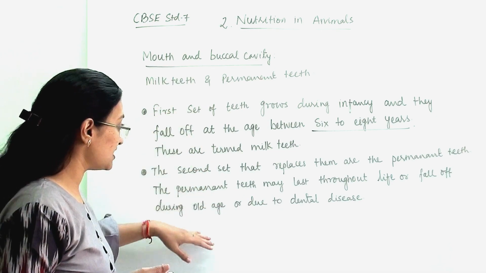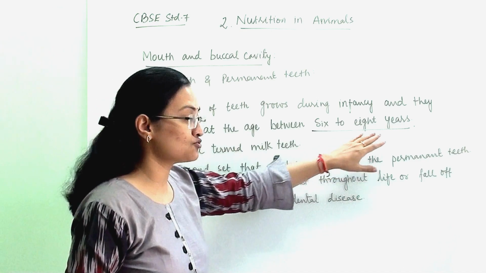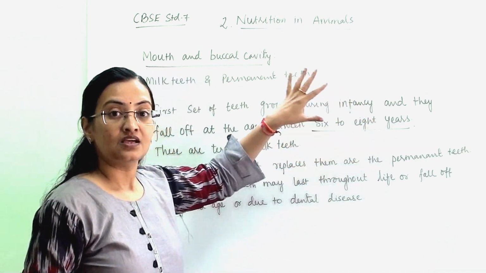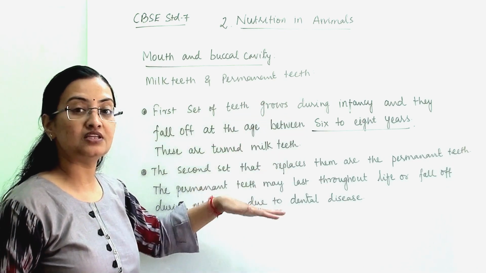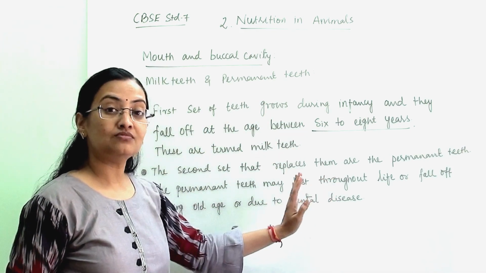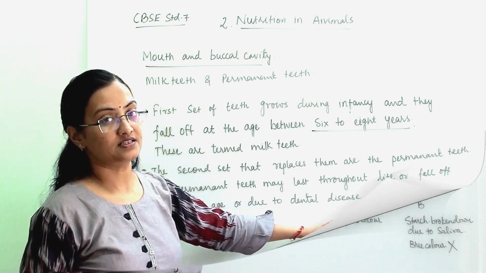So there will be two sets of teeth. Milk teeth will be there from infancy till 6 to 8 years, and after that the permanent teeth will replace the milk teeth and will be there throughout the lifetime. They may fall off due to old age or dental disease.